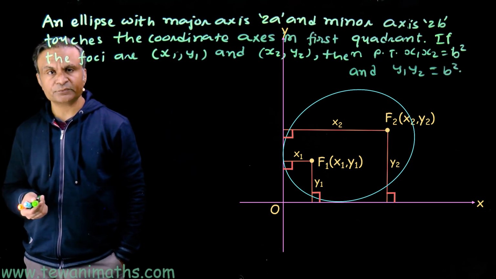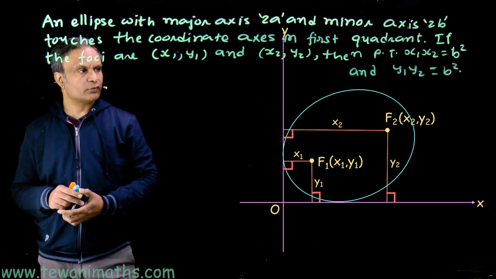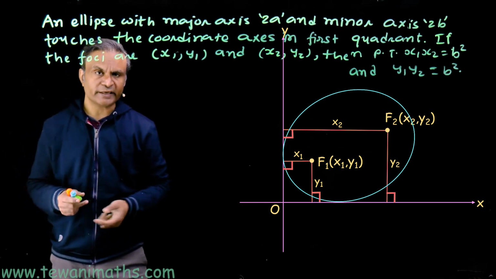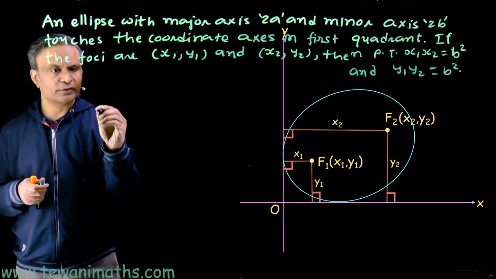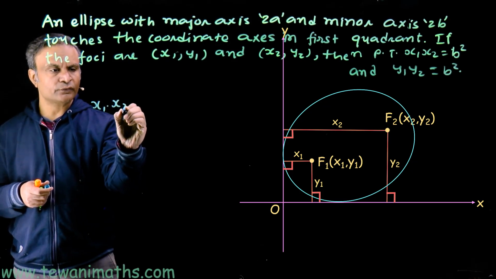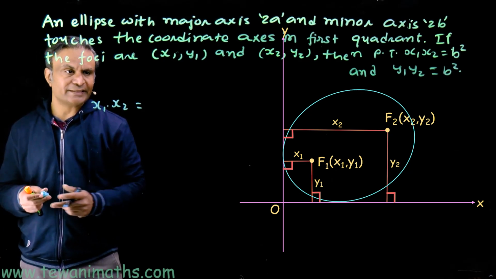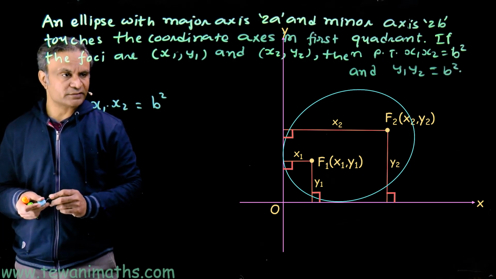How can we prove this? Now x1 and x2 are lengths of perpendiculars from the foci upon the y-axis, and the y-axis is one of the tangents. So according to this property, the product of lengths of perpendiculars upon any tangent line is b square, the square of the semi-minor axis.